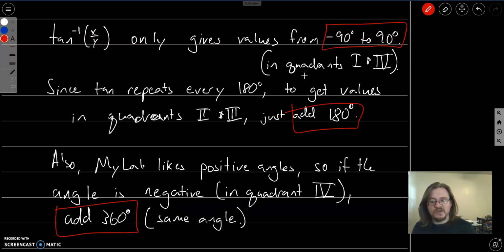So if you add 180 twice, that's the same as adding 360. You just add 180 enough times to make it the value that you want. So if you want it to be in quadrants 2 or 3, you've just got to add 180 to flip it over. If you don't want a negative angle and you want it to be positive, add 180 and add 180 again. You'll end up in the same place, but you'll have a positive angle.